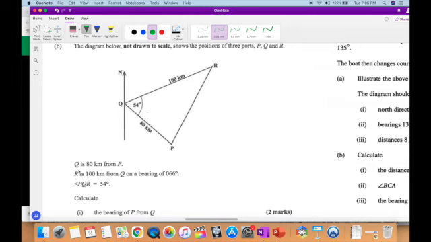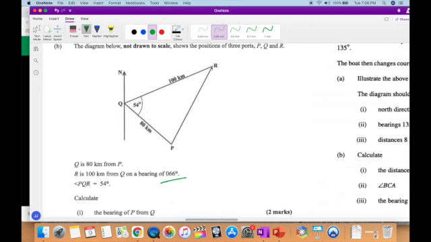They say here that Q is 80 kilometers from P, R is 100 kilometers from Q on a bearing of 066. So where should I put the 066?